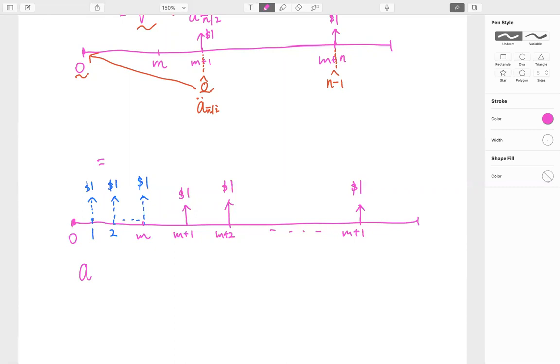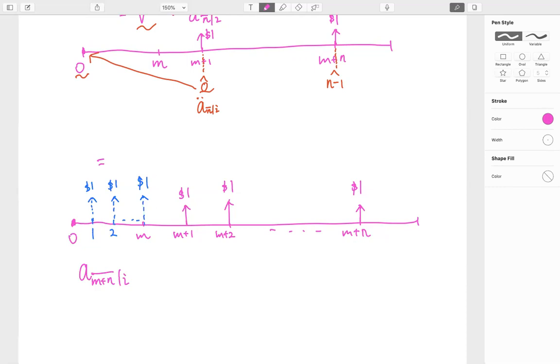Because the first payment is at time one, right? So how many do I have? Again, here's n plus n. How many do I have? Right, 1, 2, 3, all the way to n plus n. So I have n plus n payments. So this is a standard annuity immediate, starting at 1, ending at n plus n. And in total, I have n plus n payments. But obviously, the blue ones are imaginary, right? Those do not really exist.